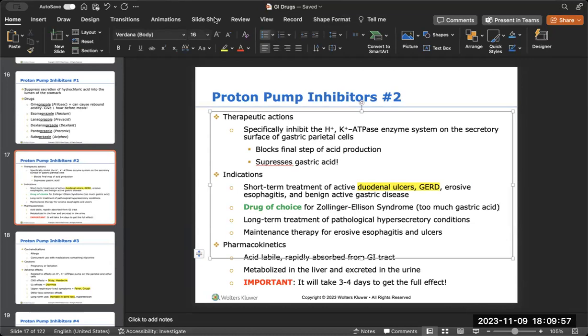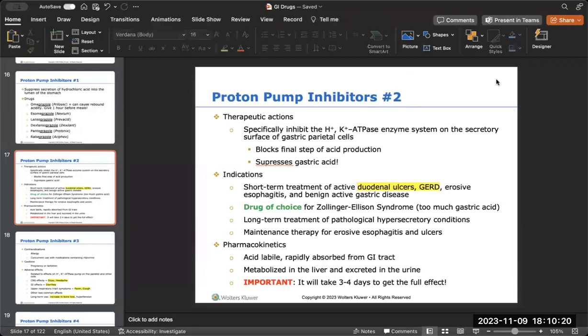But all of these drugs can be used for duodenal ulcers, GERD, gastric ulcers, because they all work similarly in terms of reducing or blocking gastric acid, except proton pump inhibitors are the drug of choice for Zollinger-Ellison syndrome, and those histamine blockers are the drug of choice for those ulcers.